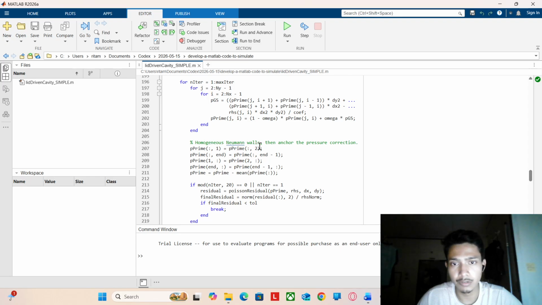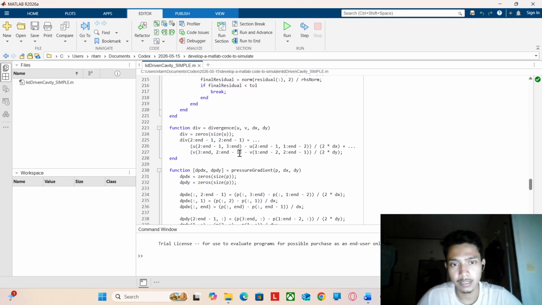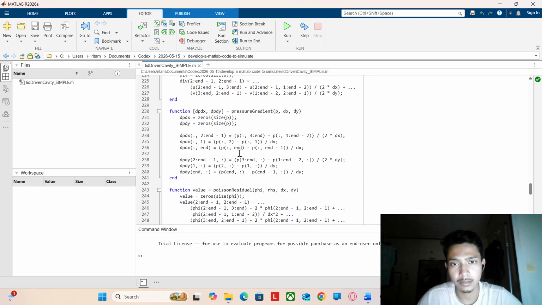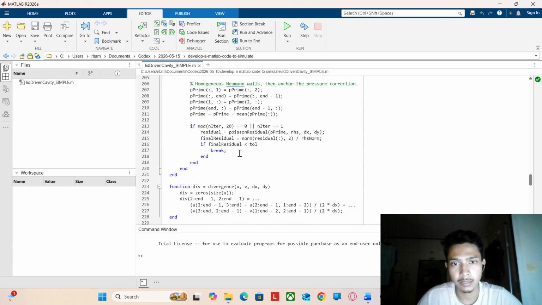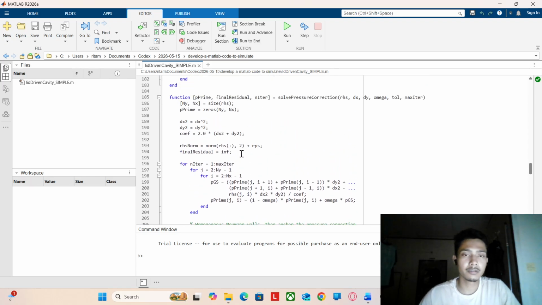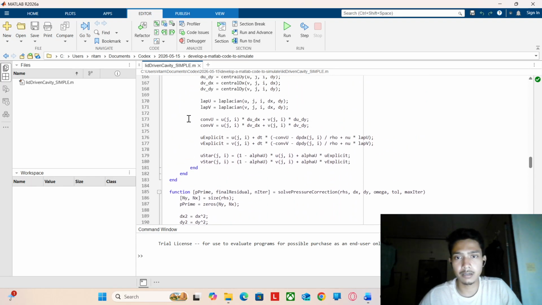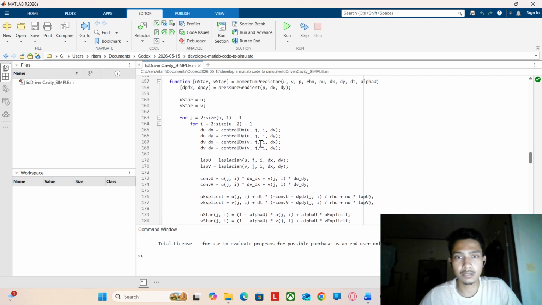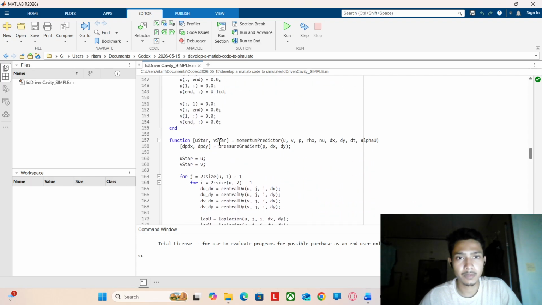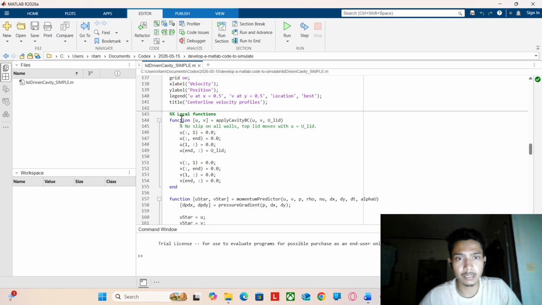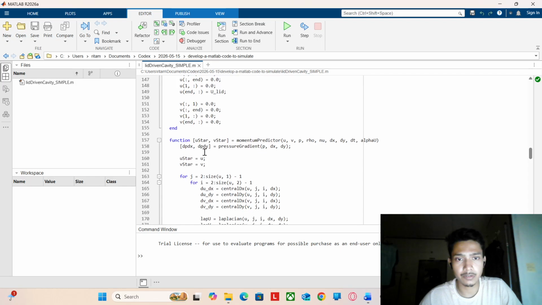Becomes homogeneous Neumann walls. You don't need to worry. I will just give these codes in the description box. Although if I have missed anything, that comes in local functions.